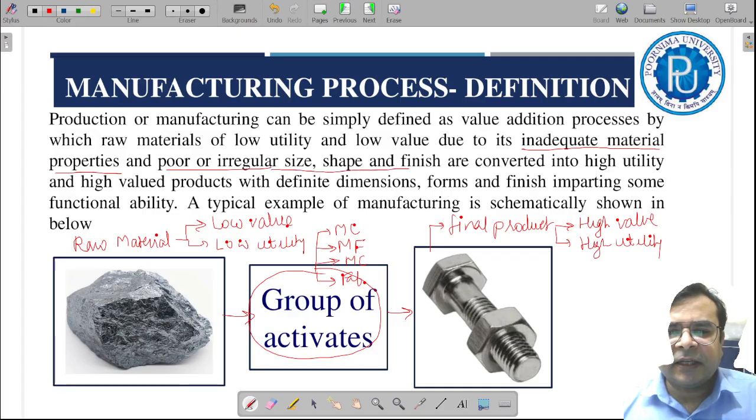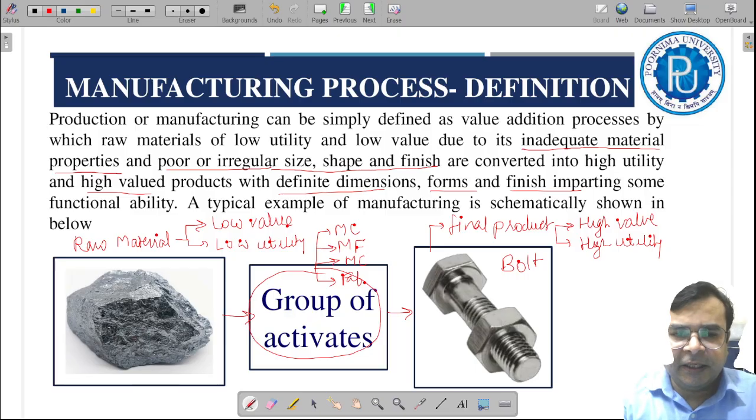So these are the characteristics of raw material which is converted into a high utility and high value product with a definite dimension, form and finish, which has a functionality that can be used for a particular application. So this is called a manufacturing process. So you can say this is an ore or a lump of material, and this is a nut and bolt, which can be used for fastening purposes.